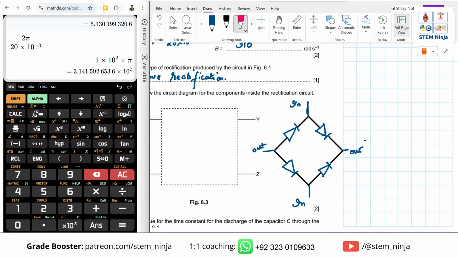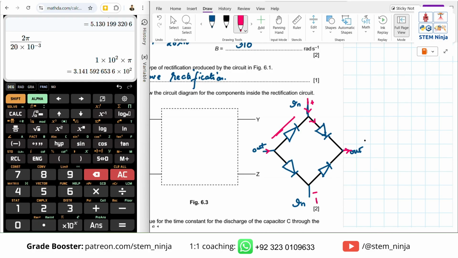Now, how do we interpret and understand this? For example, if this terminal is positive and this terminal is negative, the current will flow through over here. Since it cannot flow through the left diode, it will flow over here, go through the output, and come back from this output. It may look like this is forward biased, but this path leads to a higher potential, so this cannot happen. Current flows from high to lower potential.